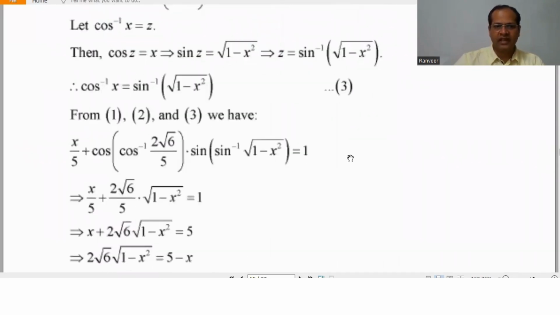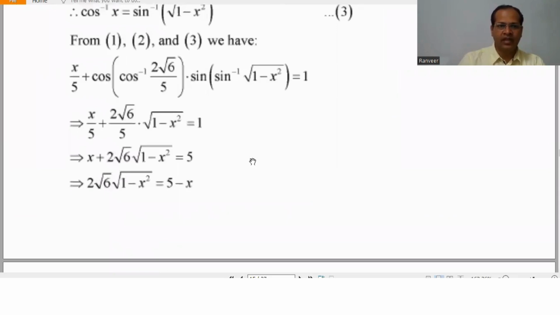So from the first and second, once we substitute the values, we get cos inverse 2 root 6 by 5 and sine inverse root under 1 minus x square, and this value is 2 root 6 by 5 times root under 1 minus x square. After solving this, x plus 2 root 6 times root of 1 minus x square equals 5.